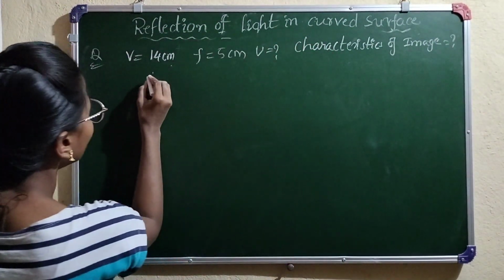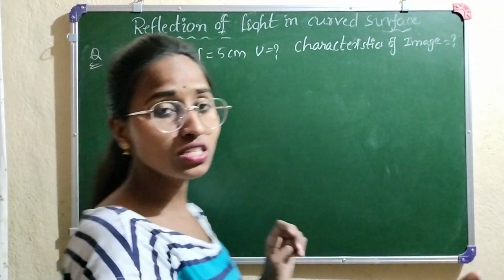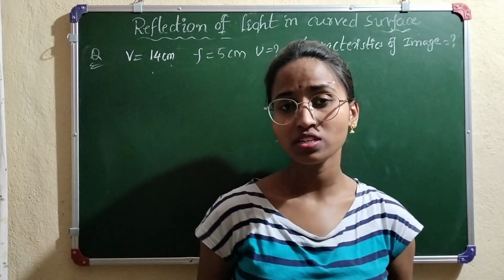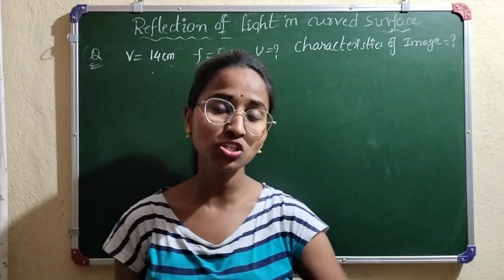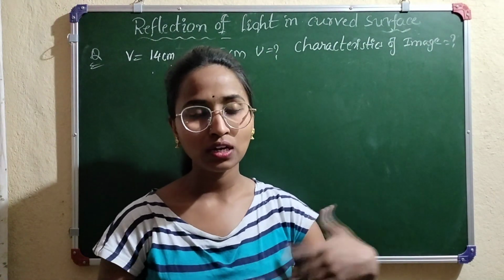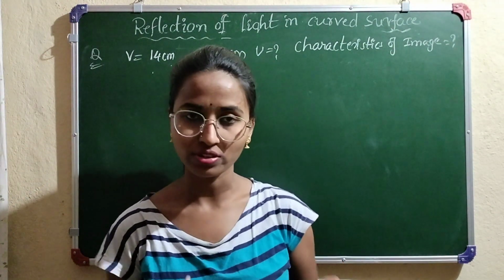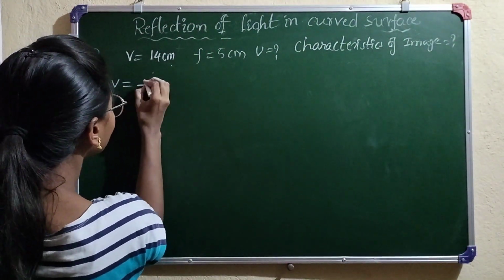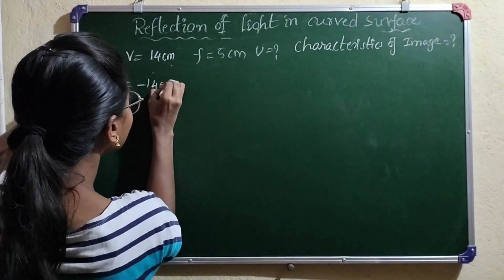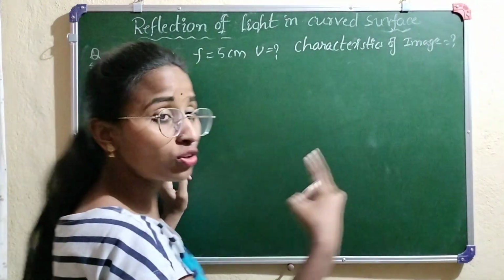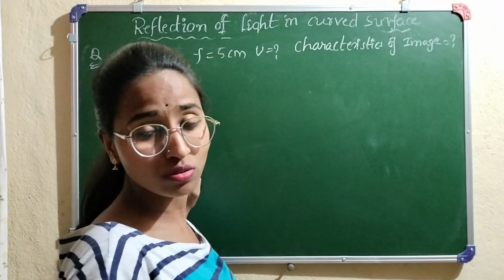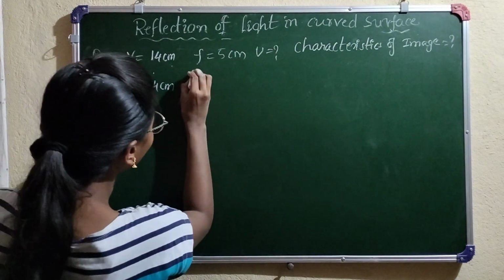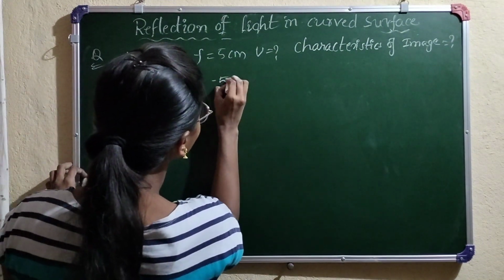Our first task is to apply sign conventions. Without applying sign convention, don't go directly for the calculation. So what is V? I am taking minus 14 centimeters because the image is forming in front of the concave mirror. F is also minus 5 centimeters.